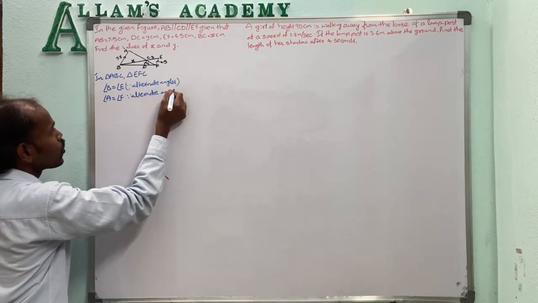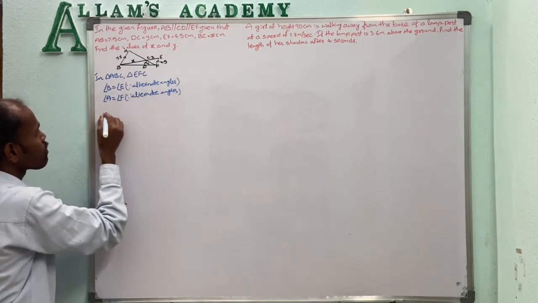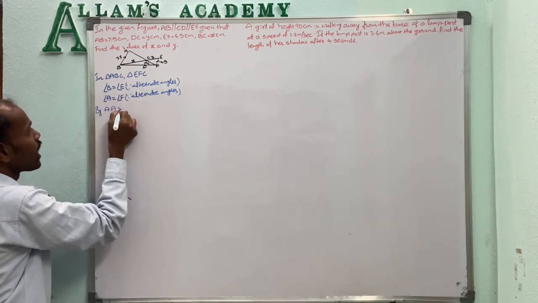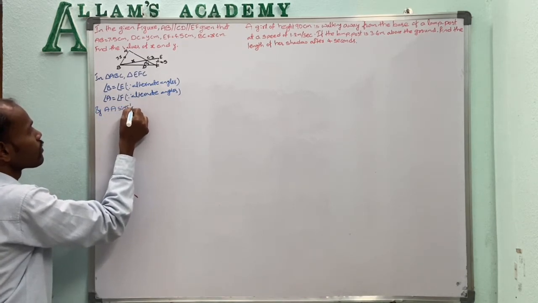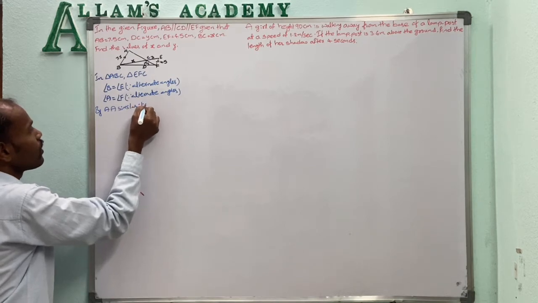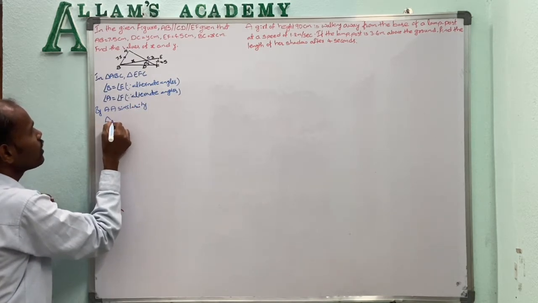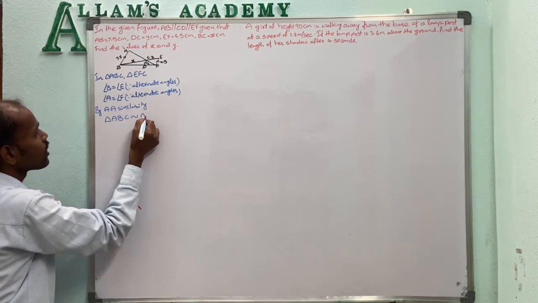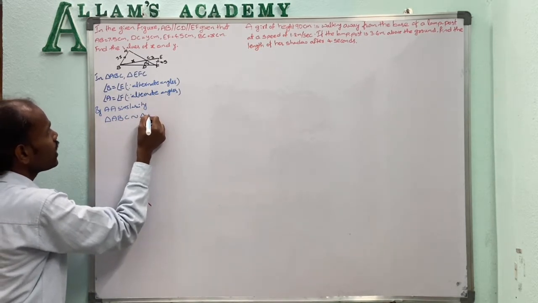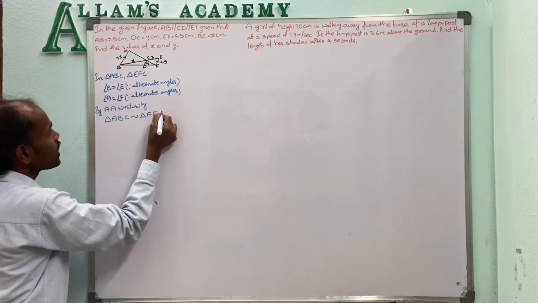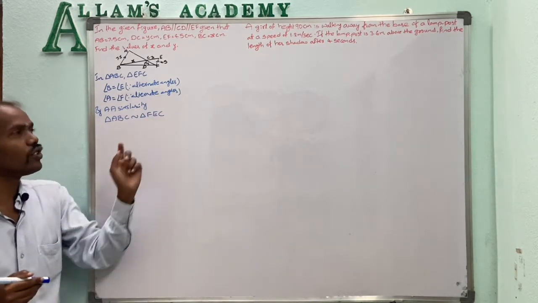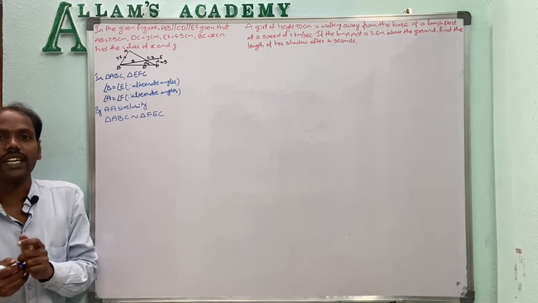Two corresponding angles are equal, so by AA similarity, triangle ABC is similar to triangle FEC.